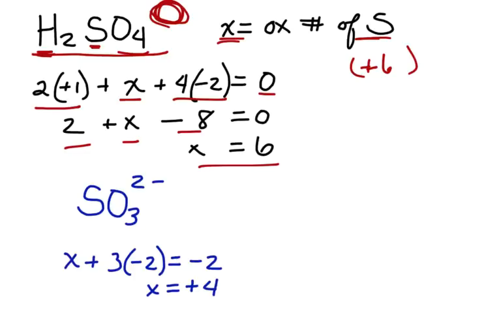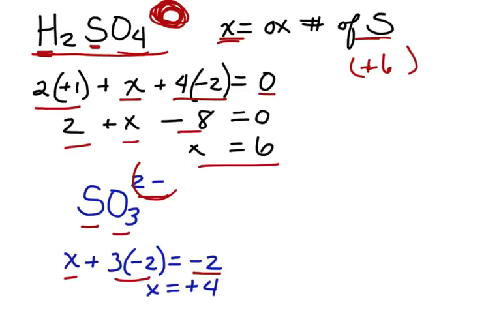Now it doesn't always have to be +6. Here's another example, the sulfite ion. Let the oxidation number of sulfur be X. We have 3 oxygens, so that's 3 times -2. Since the ion has a charge of -2, all of our oxidation numbers add up to -2 in this case. So for sulfuric acid, everything added up to 0, and in sulfite, everything adds up to -2.